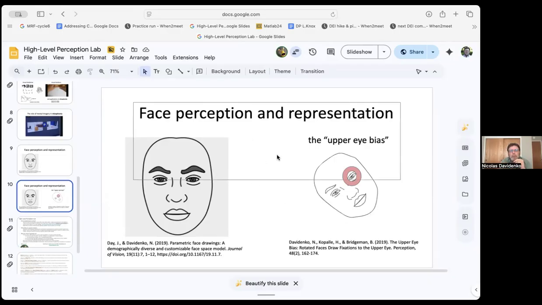The way we've looked at that question is either with these schematic faces that don't have shading or lighting information, or with photographs that we just rotate. So no matter where the lighting is on the original photograph, the rotation maintains the lighting in whatever part of the face it was. So we don't think that it's caused by lighting coming from above or from any one given direction, but it's a good question.